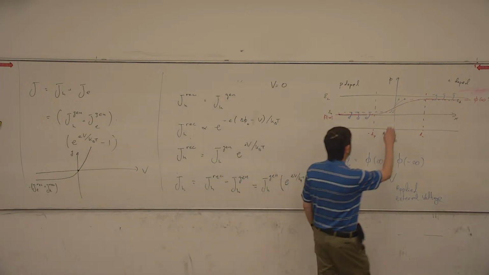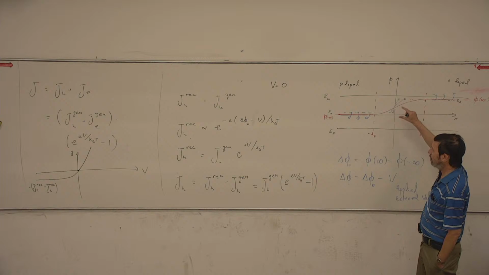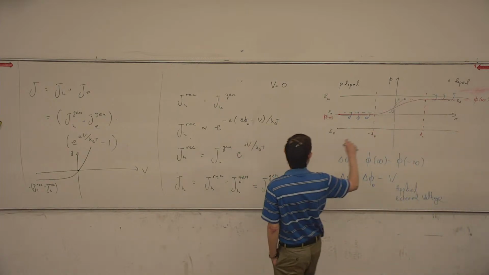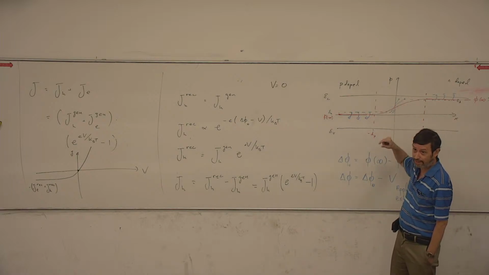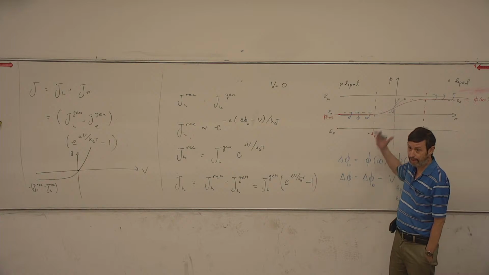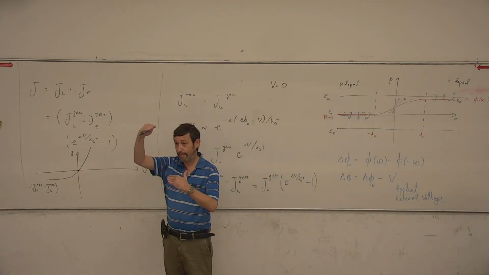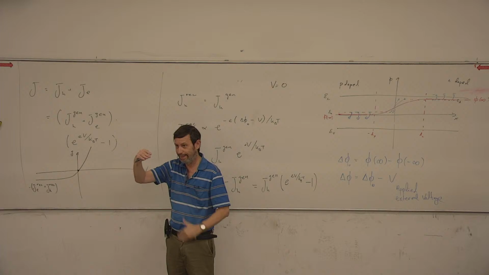Because it doesn't matter how much I increase this, I will still have fluctuations that are able to jump above it. In the other direction, the fact that I have reduced the height of the barrier allows me to pass exponentially more current.